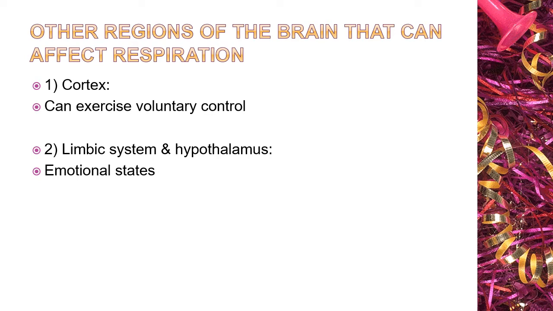It means that when you're conscious, you can consciously breathe in and breathe out. Like I can tell you, okay, 1 2 3 breathe in, and everyone inhales, right? And I can tell you, okay, 1 2 3 breathe out, and everyone exhales. So yes, you can control your respiration, but to a certain extent. We'll talk about that later as well.